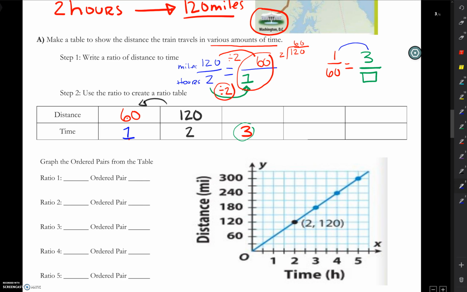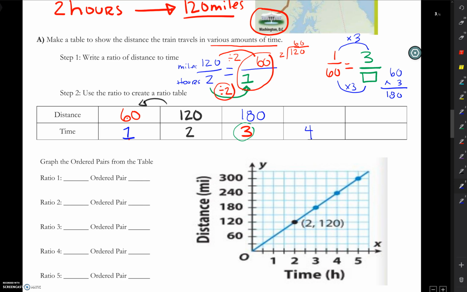So how do I go from 1 to 3? Do I multiply or divide? Well, I would multiply because it's getting bigger. I'll multiply by 3, and then multiply by 3. And so 60 times 3 would equal 180. So this would be 180.